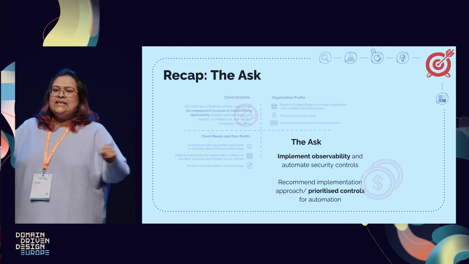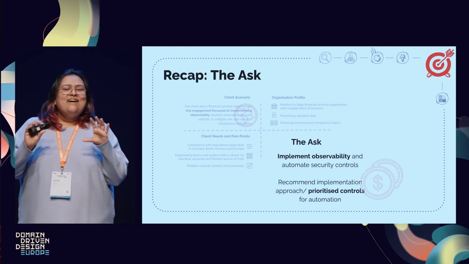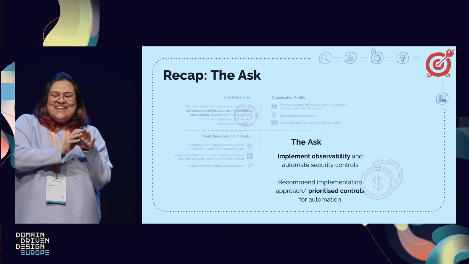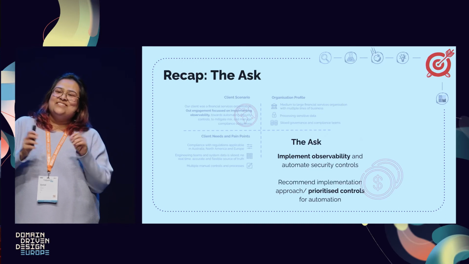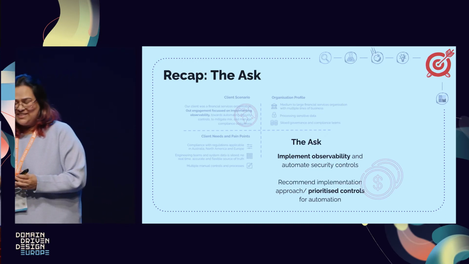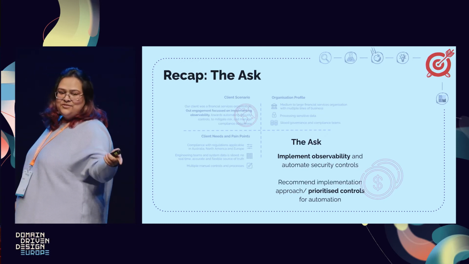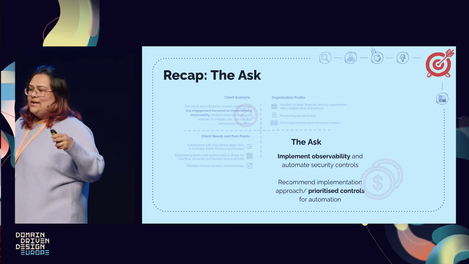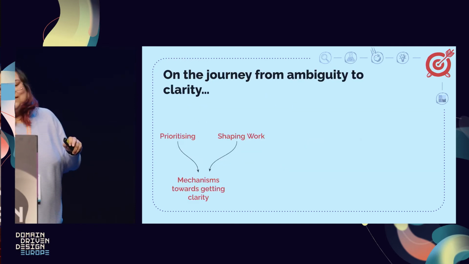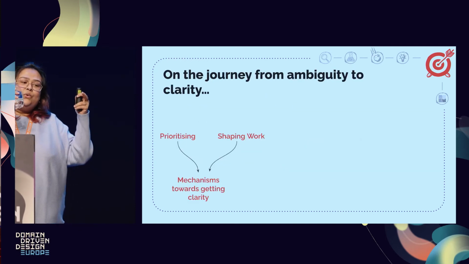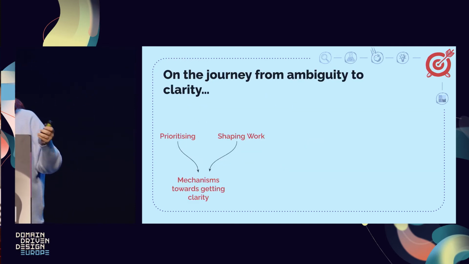So here's the point where I'll park the use cases and take that promised detour into navigating ambiguity. If you remember the slide, which by now I've shown a few times, we were thinking we were there to implement observability.